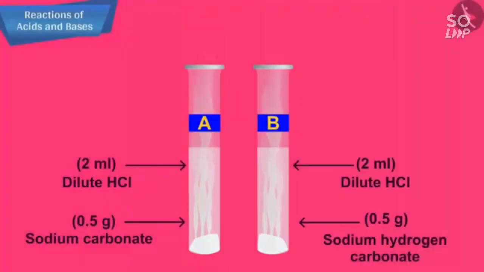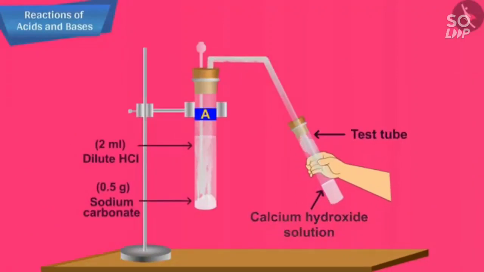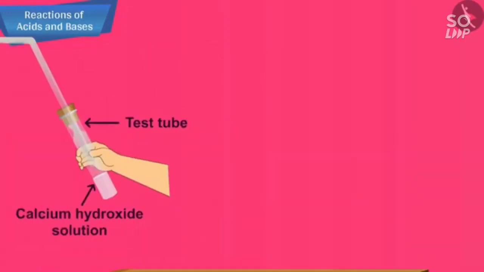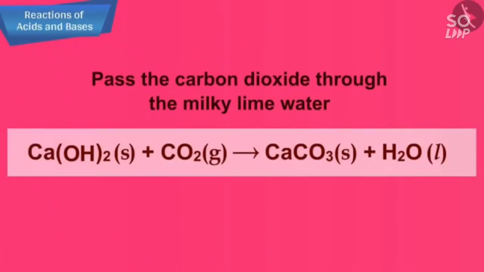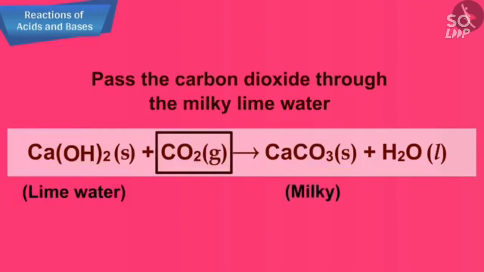Pass the gas produced in each case through lime water, calcium hydroxide solution, as shown in the figure, and record your observations. You will observe that the lime water turns milky, which shows that the gas evolved is carbon dioxide.